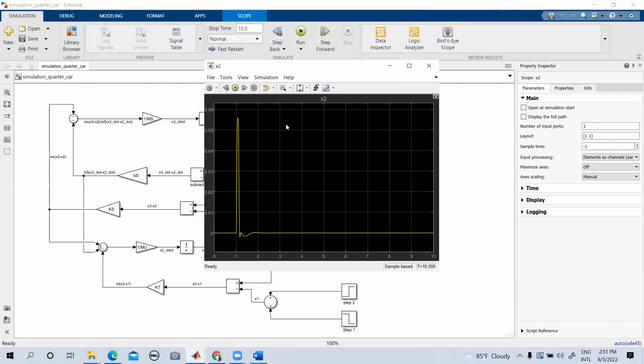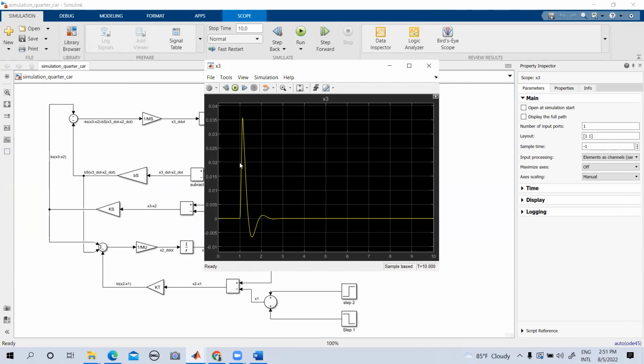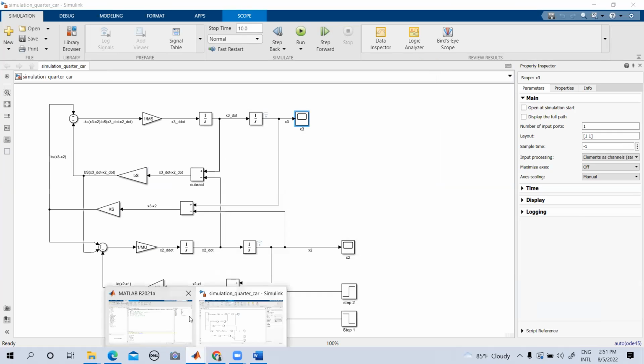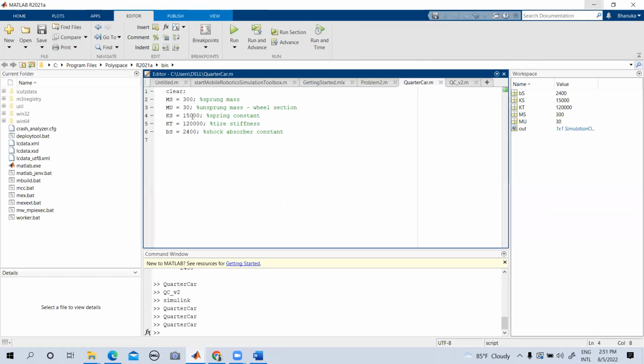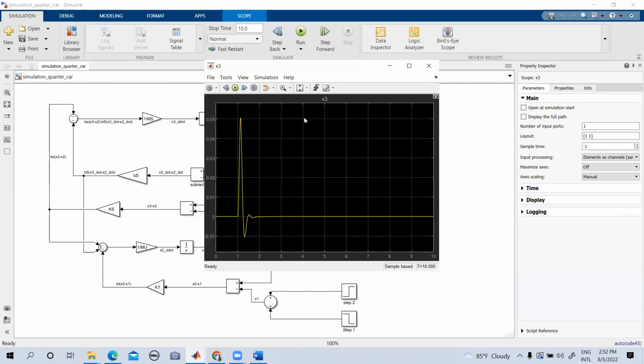The wheel response, you can see not much change, but here you can see that the amplitude of the oscillation has increased, right? So you can modulate and see what happens. You can also increase the damping factor, say to 6,000. You can observe a slight deviation, but the displacement is still going to be somewhat the same.